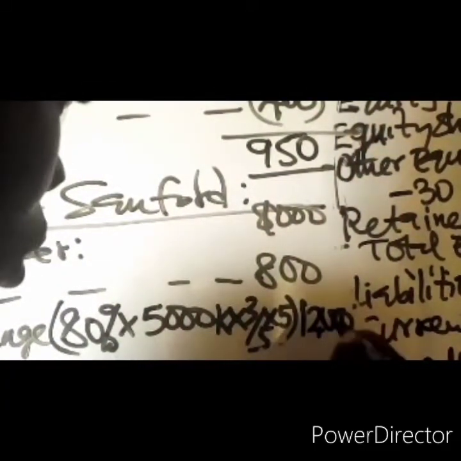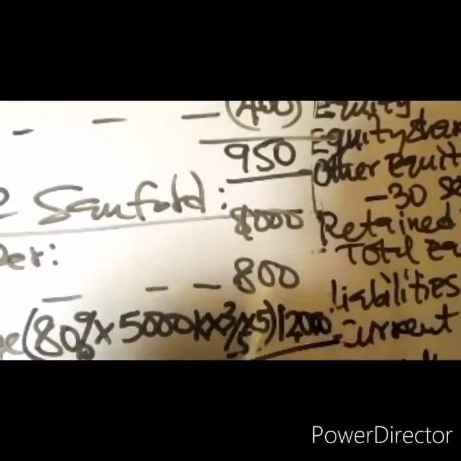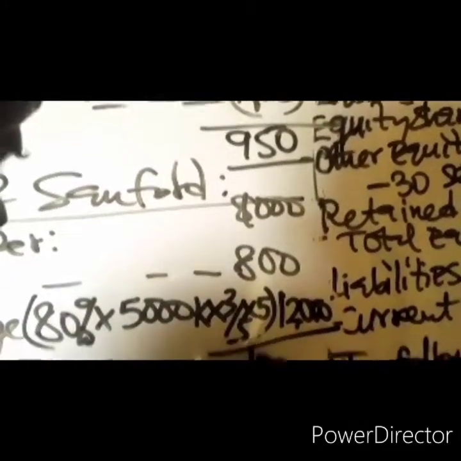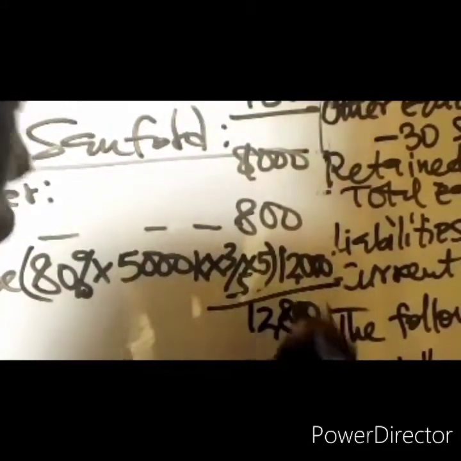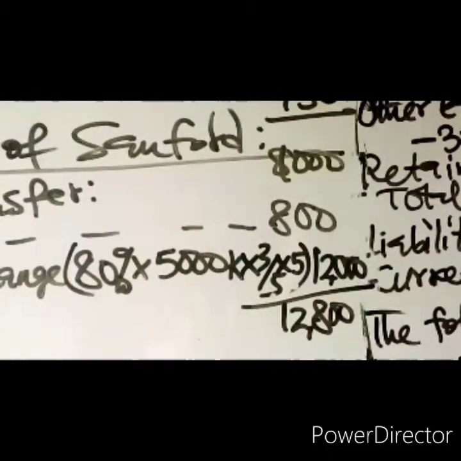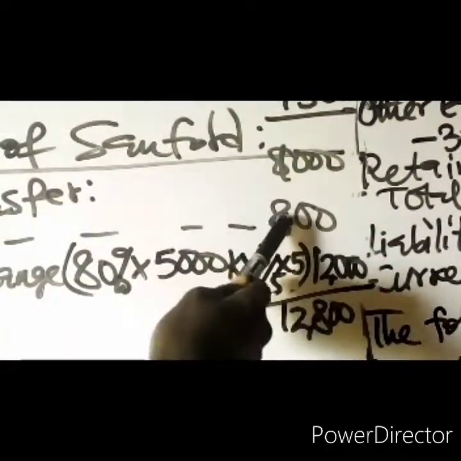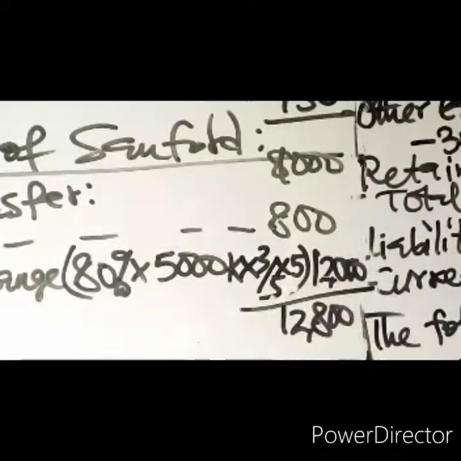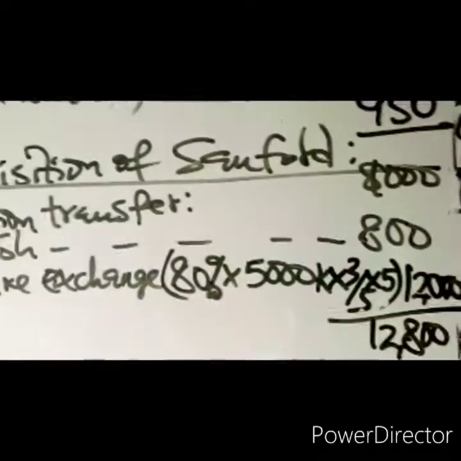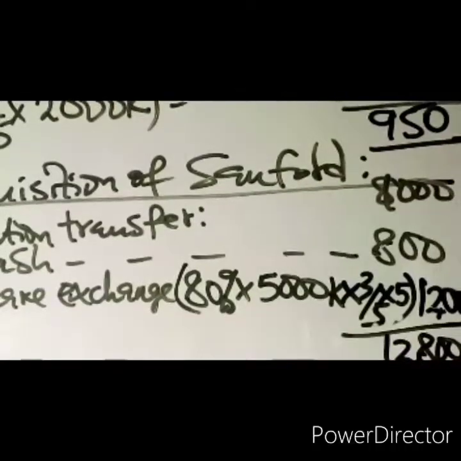The amount of consideration so far is 12,800, that is 800 plus 12,000.